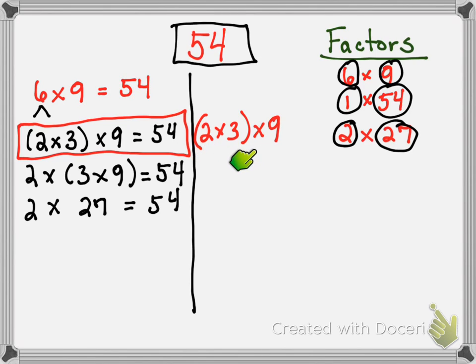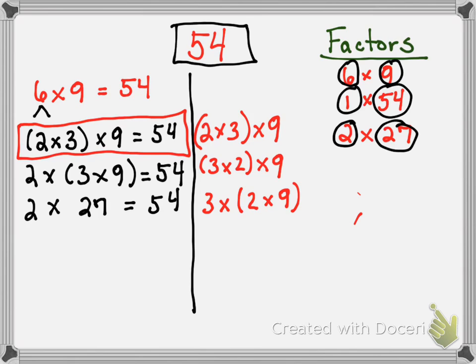Associative property is where we're grouping it, cumulative property we're just changing the order. So let's do that. We are now going to flip this. 3 times 2 times 9. And then using the associative property, we are now going to take the 2 and the 9 and group those together.